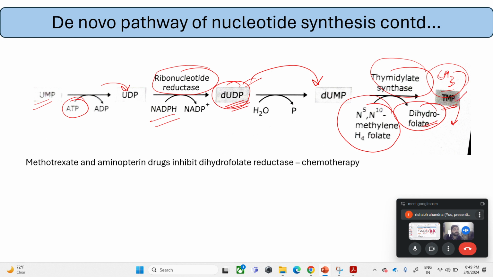So this was the small reaction that helps in the formation of thymidylate or thymidine monophosphate, with the help of the enzyme thymidylate synthase. Now, this particular reaction is of particular interest during chemotherapy.